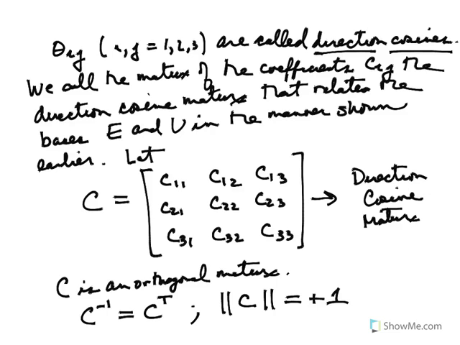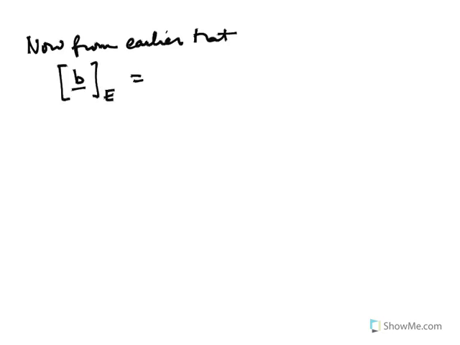Now we can use those properties to start thinking about how we would express vectors in different coordinate systems. We have two coordinate systems, so let's start by doing this. We know from earlier that B expressed in the basis E is equal to B1E, B2E, and B3E.